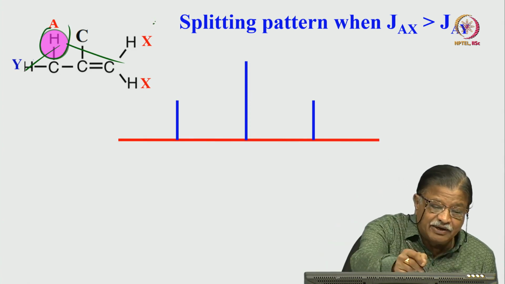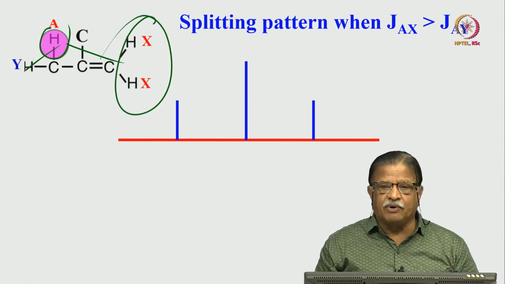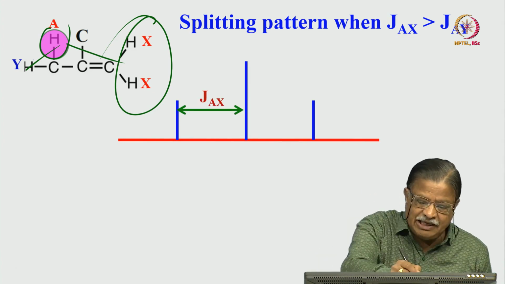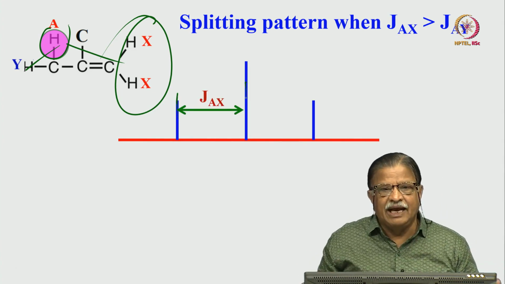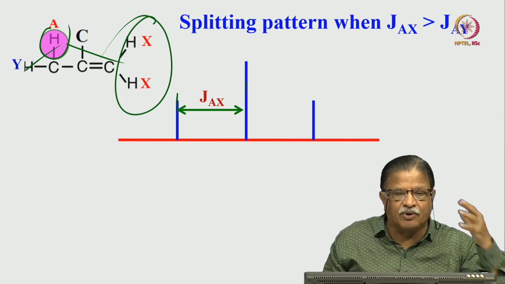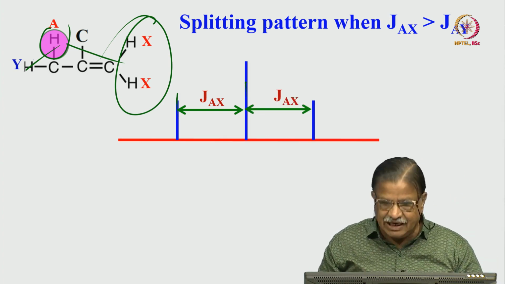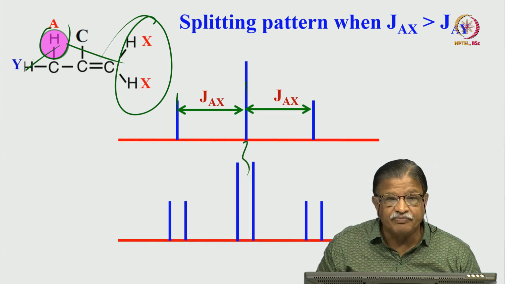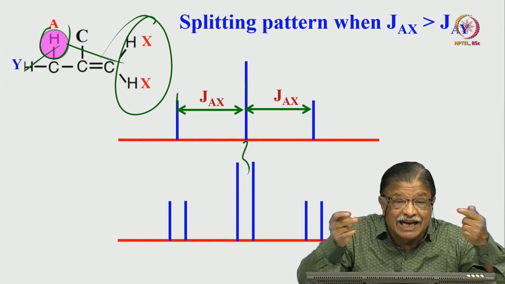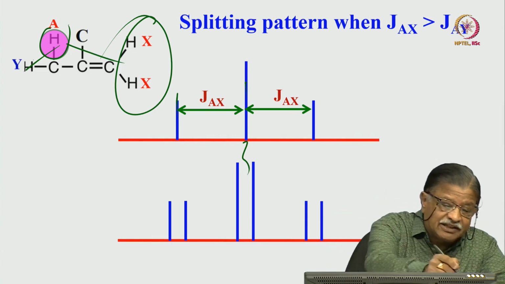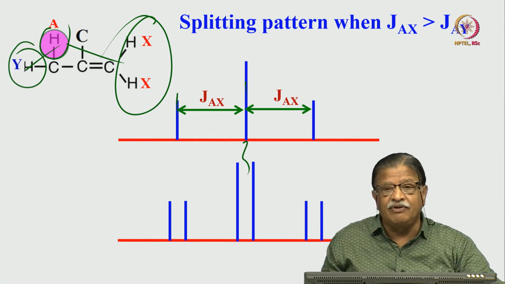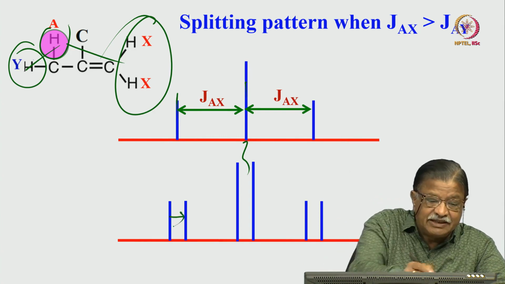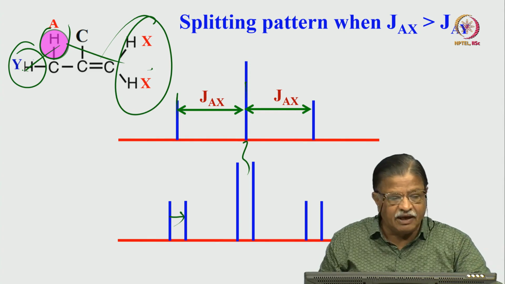So, A will split into a triplet because of these two equivalent protons, and the separation between two adjacent lines of the triplet gives you the coupling between proton X and proton A, and the center always corresponds to the chemical shift of X. Fine. Now, each line of this triplet is further split into a doublet because of proton Y.